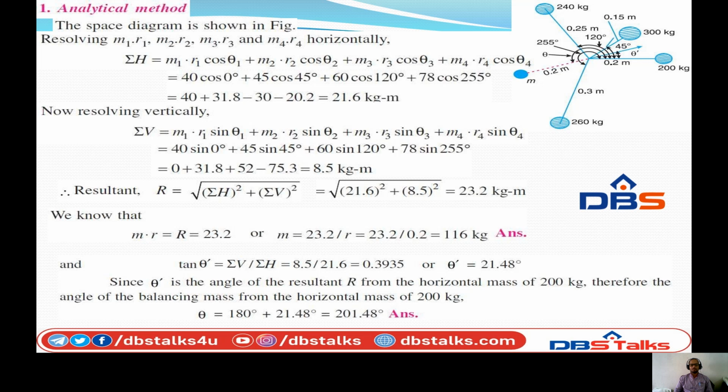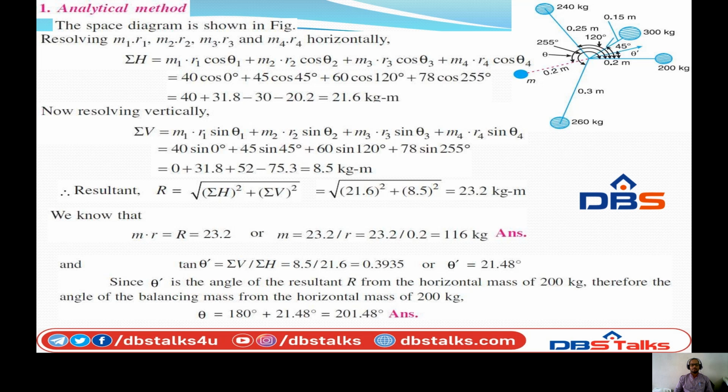So based on that we have to calculate. We know the value of mr is equal to 23.2, but the m value we need to find out. M equals 23.2 by small r. The small r is already given in the question as 0.2 meter, so that is 116 kg.